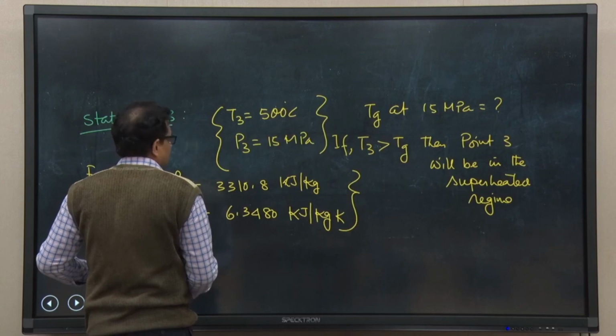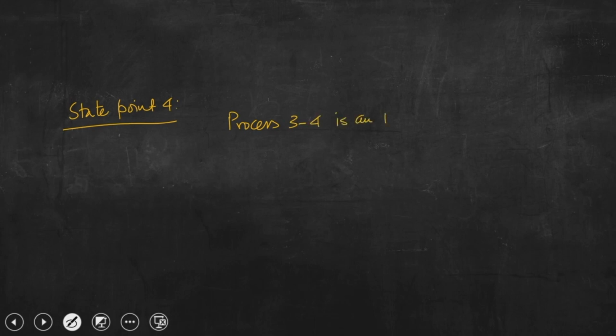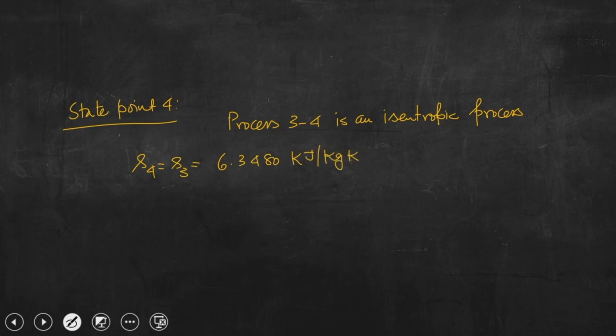So, let us go to state point 4. Process 3 to 4 is an isentropic process, and S4 will be equal to S3, and that is 6.3480 kilojoule per kg Kelvin, right, and P4 is given, that is 2.15 megapascal.